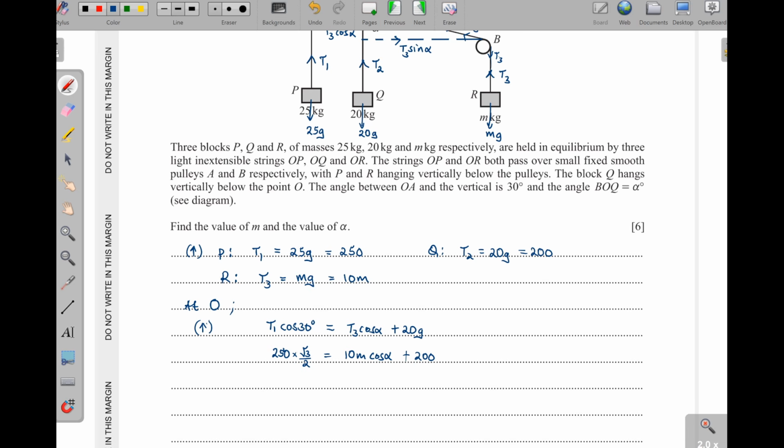Can't we now get the cosine of alpha from here? 250 divided by 2, that is 125. Root of 3? Yes. That is 125 root of 3, then minus 200. Then we shall divide by 10m. That will be our cosine of alpha. So I can keep it.